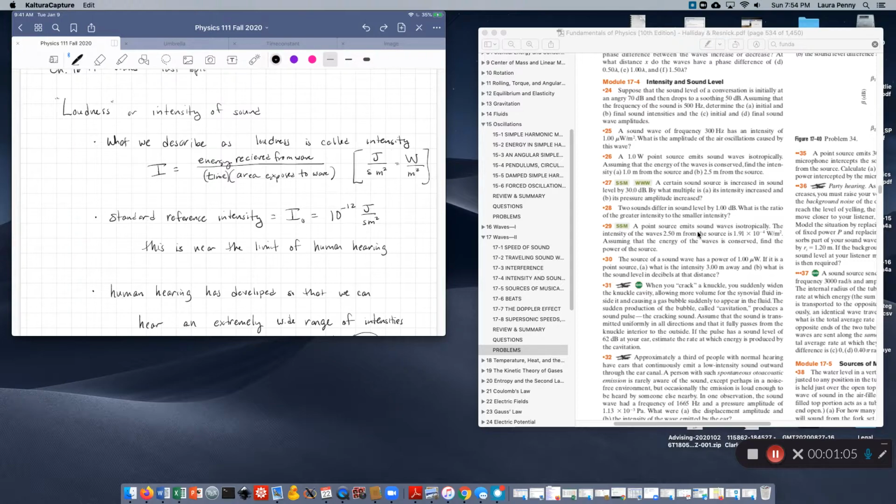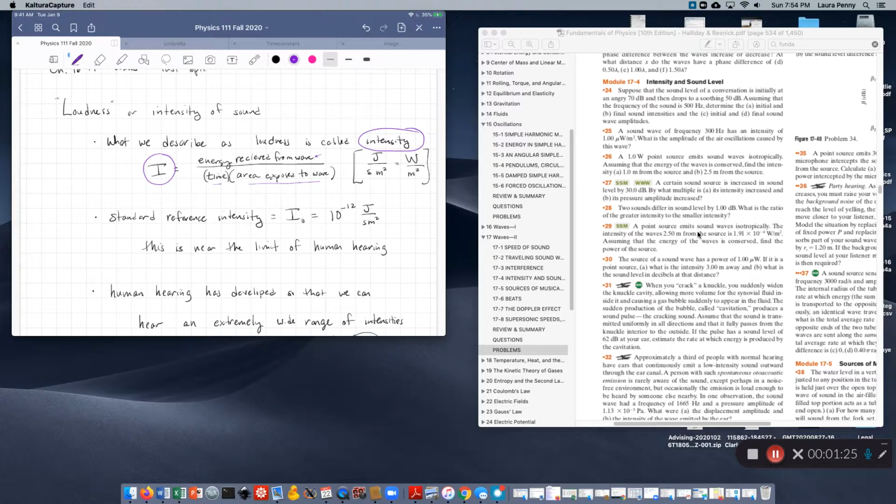So, as physicists, we're going to call intensity capital I. Capital I is intensity, and this is the energy received from the wave divided by time, so per second, per area that's exposed to the wave.